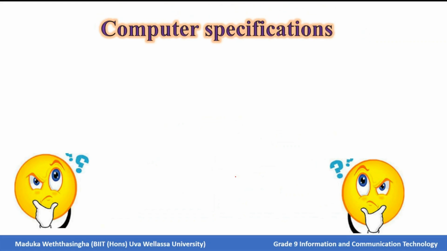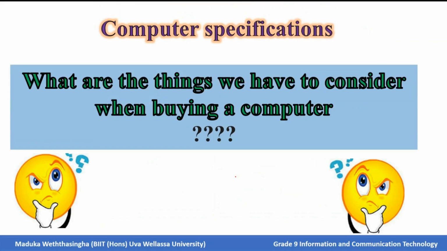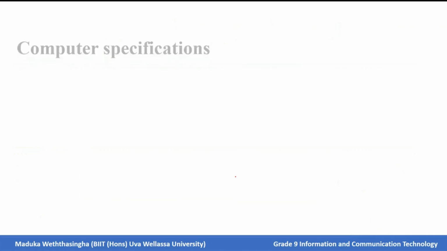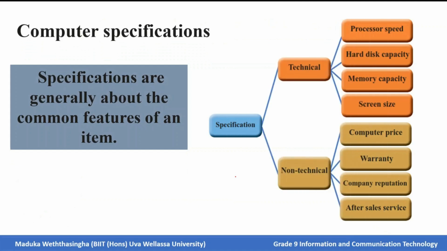Another subtopic in this lesson is computer specifications. Computer specification means what are the things you have to consider when you buy a computer. Specifications are generally about the common features of an item.